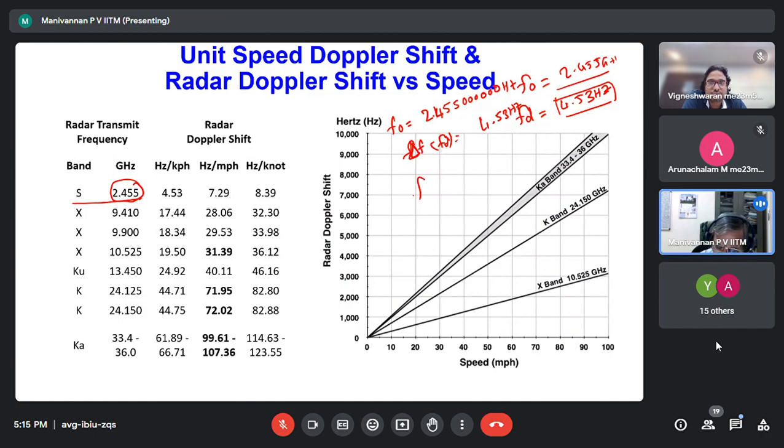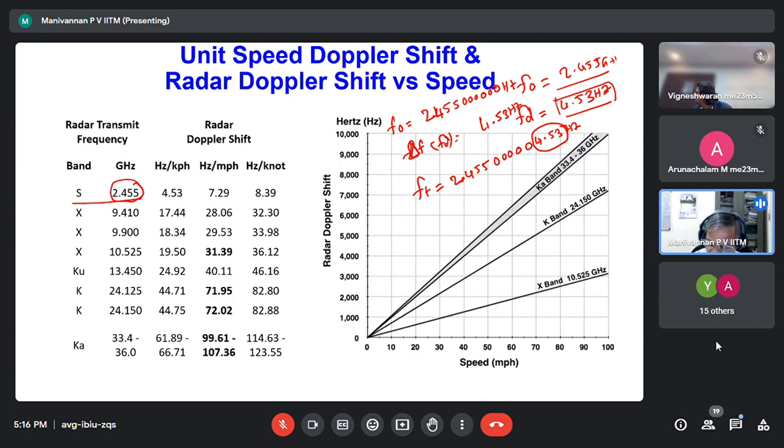What is FT? Actually, this is the change, but what is the actual FT? FT is nothing but 2.455, sorry, the decimal point is not there, 24550000453 hertz. You see that only the last digits are changing. That is the change in received frequency when the vehicle is in front.